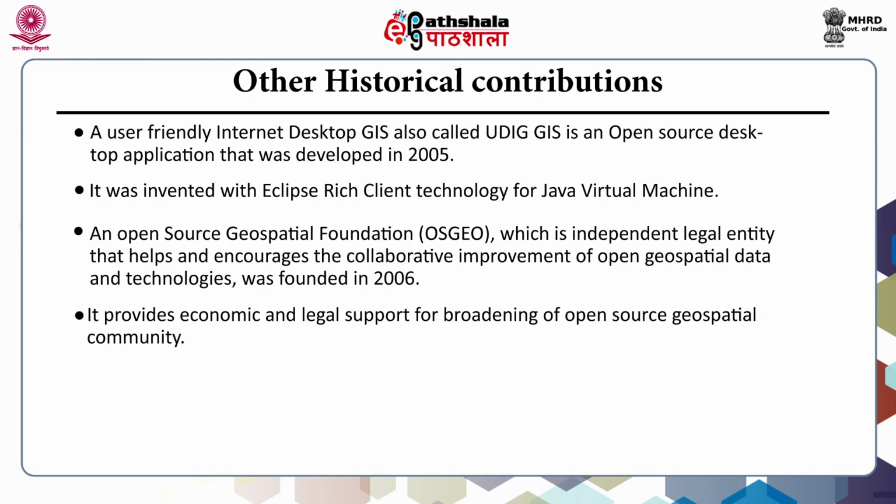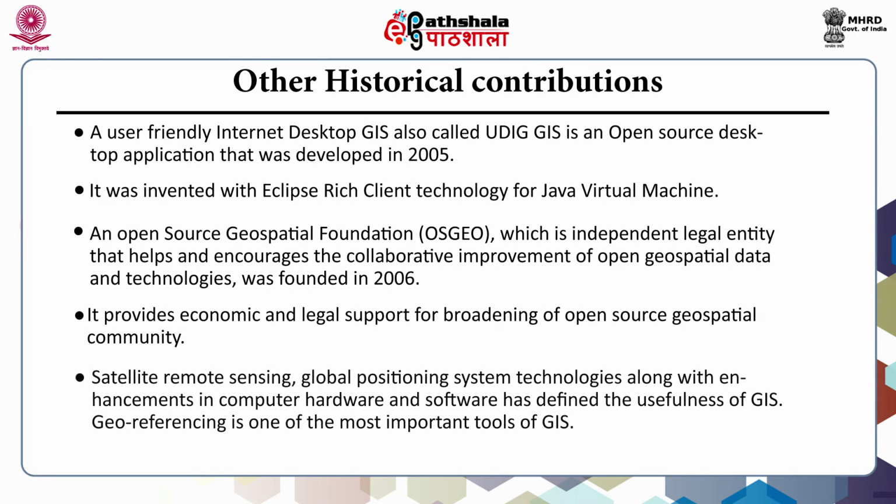It provides economic and legal support for broadening of the open source geospatial community. Satellite remote sensing, global positioning system, GIS technologies along with enhancements in computer hardware and software have defined the usefulness of GIS. Georeferencing is one of the most important tools of GIS.